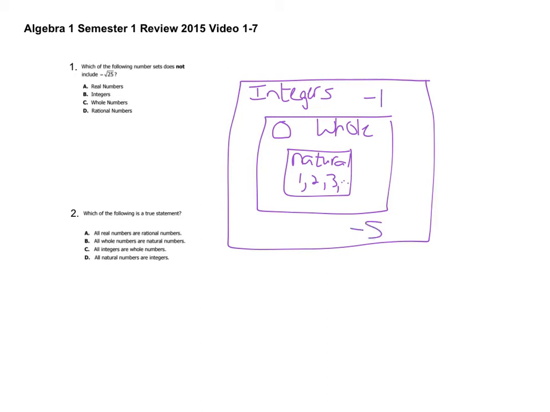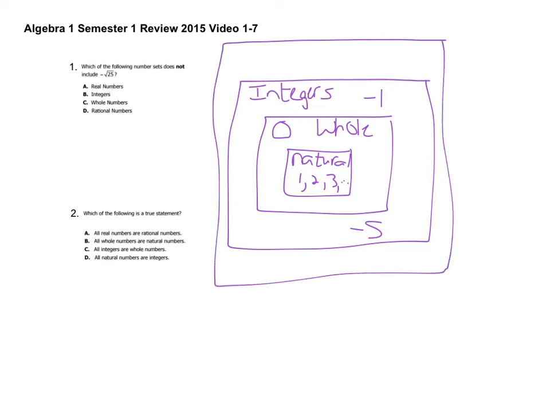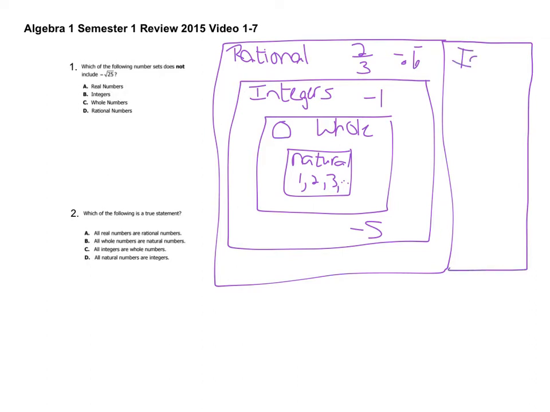And then we added fractions and decimals, and those are the rational numbers. So 2/3, -0.6 repeating, which is the opposite of 2/3, I guess, but so on and so forth. Then over here, connected but not the same thing, were the irrational numbers.